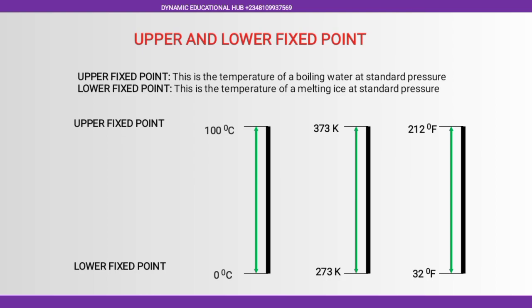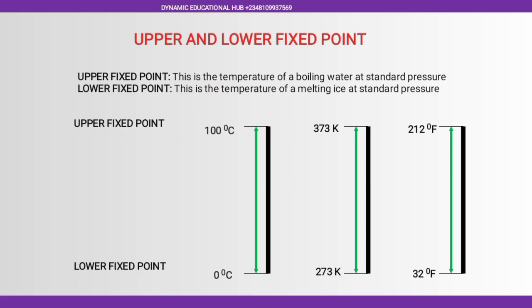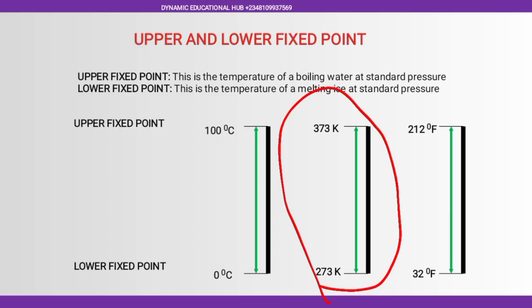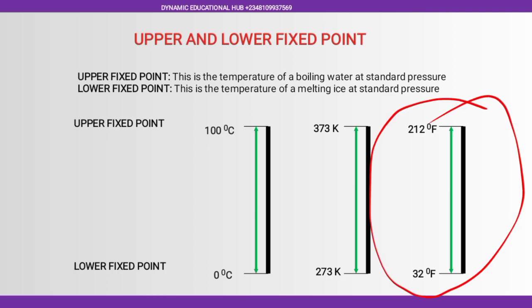Now we are comparing the upper fixed point and lower fixed point of different temperature scales. We have the Celsius or centigrade scale here, we also have the Kelvin scale here, and we have the Fahrenheit scale here. Now compare.